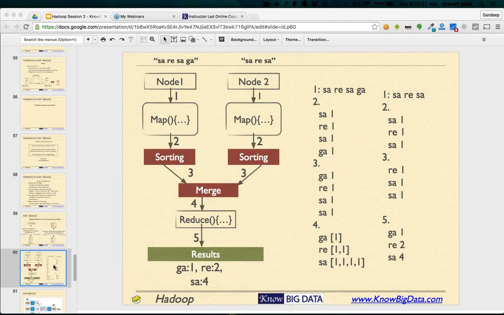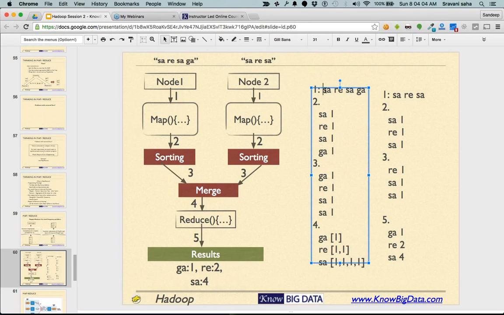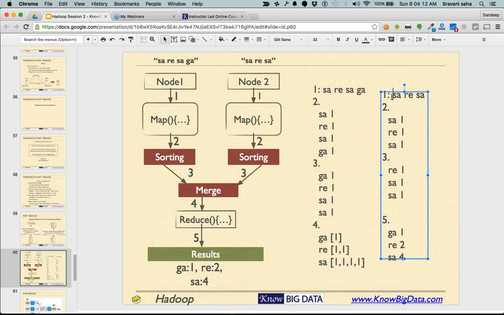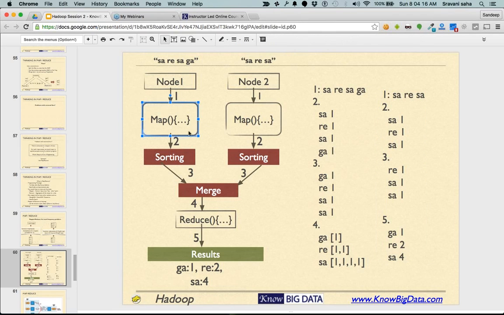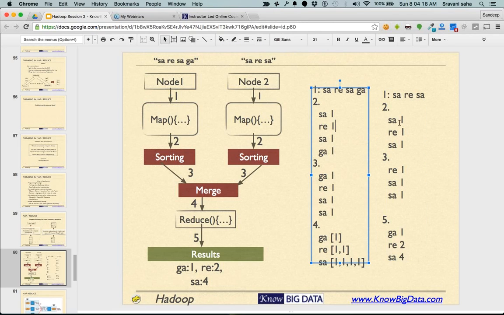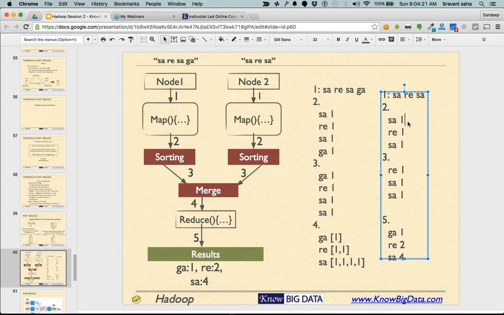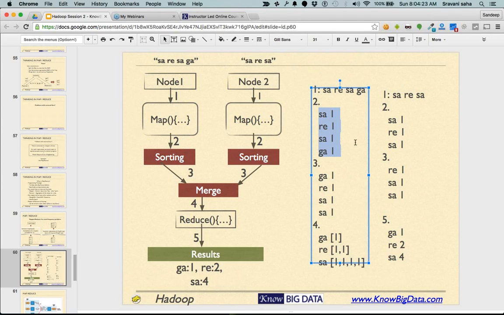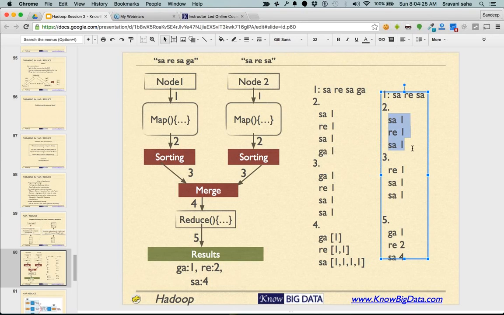So our mapper code, which converts the input record into key values, has been run, and you can see what's going on on the right hand side. In stage number 1, on the left hand side the values were sa re saga, on the right hand side the values were sa re sa, and after the map has finished on both legs, you get this and this.